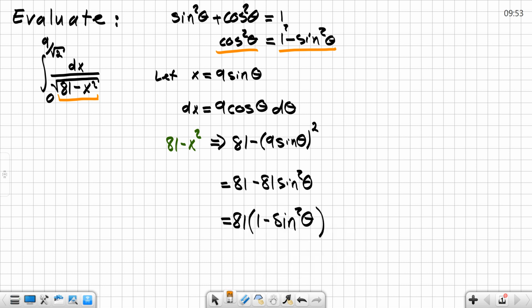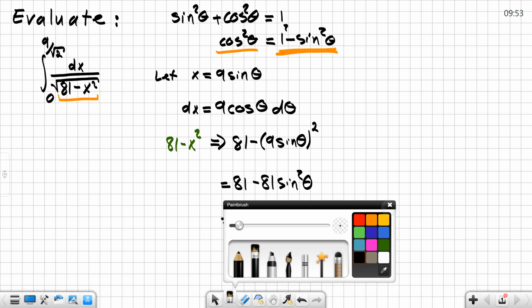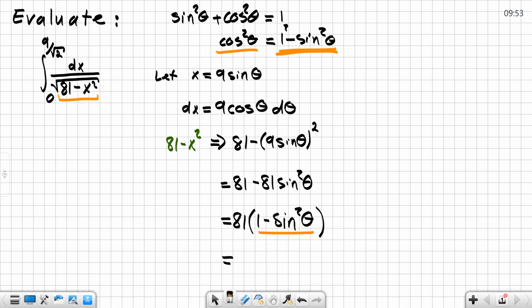And you hopefully notice that this is exactly what we were looking for, and I can now replace 1 minus sine squared theta with, you got it, cosine squared theta.